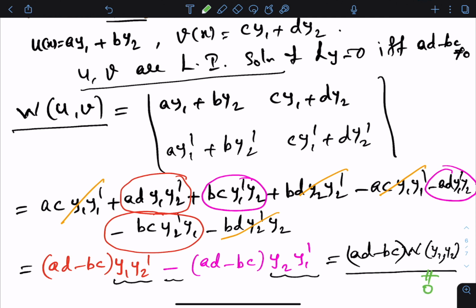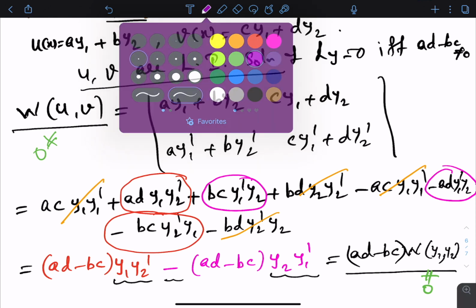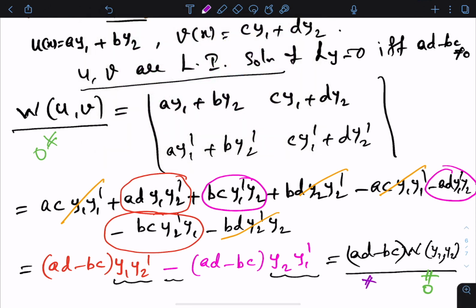So if this has to be non-zero, then this has to be non-zero, which is precisely this statement. Okay, so we are done. And this works vice versa, so we actually proved both ways. If this is non-zero, this has to be non-zero, which means linear independence of U and V.